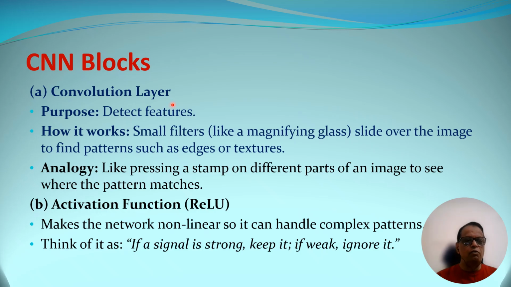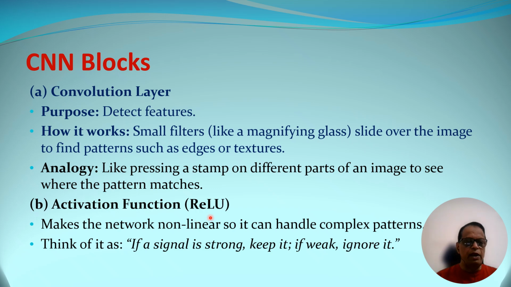It consists of a convolutional layer that is used for detection of features, and you can say that it is like pressing a stamp on different parts of the image, so that this part will belong to one feature and another part will belong to another feature.